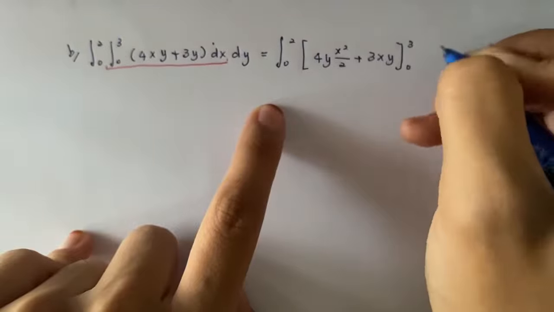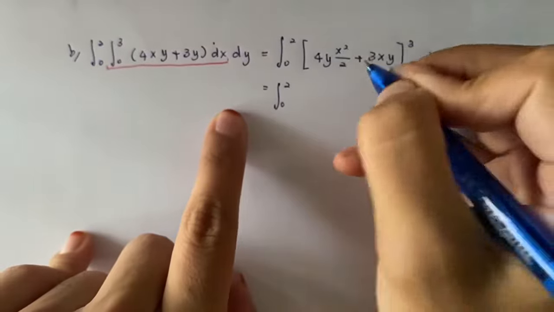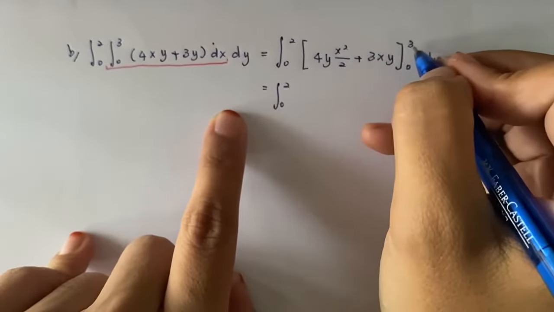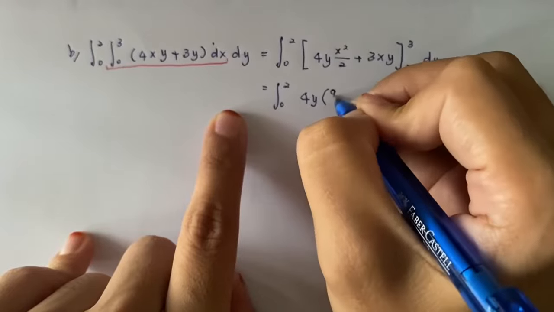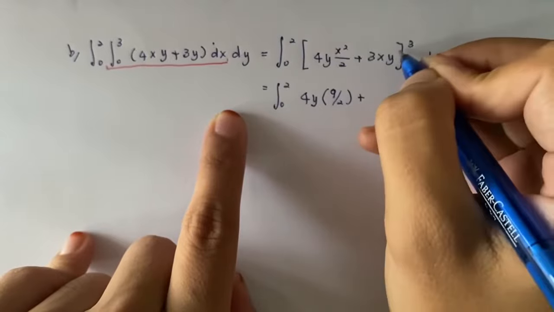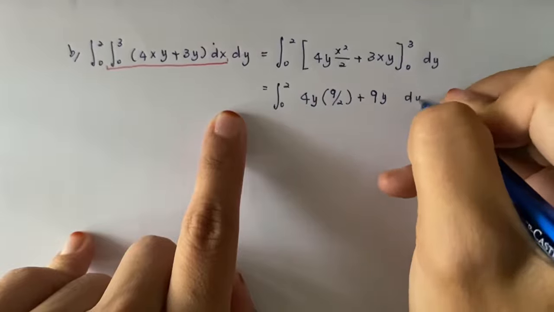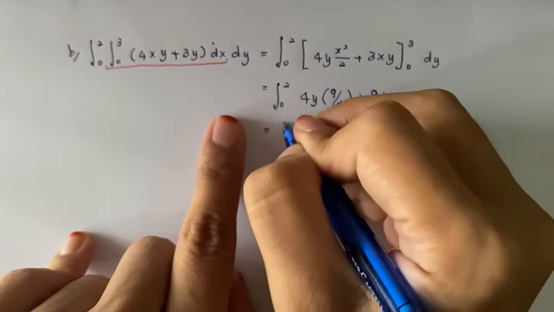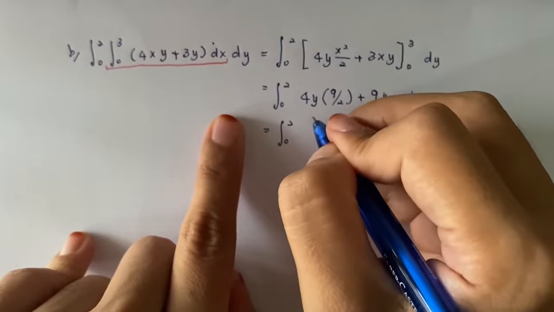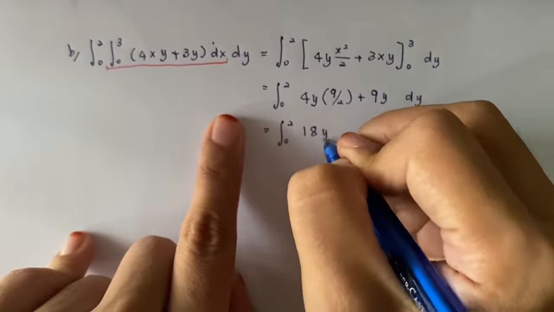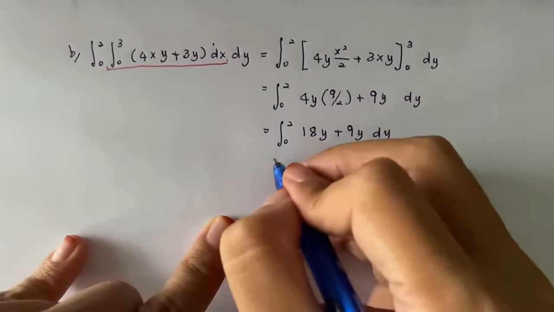The limit is from 0 to 3 for x. Then substitute x equal to 3, so you have 4y multiplied by 9 over 2 plus 3 multiplied by 3 is 9, so we have 9y, dy. For this one, 4 times 9 over 2 is 18y plus 9y dy.